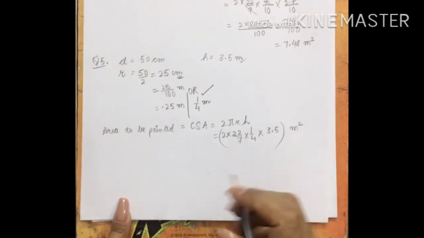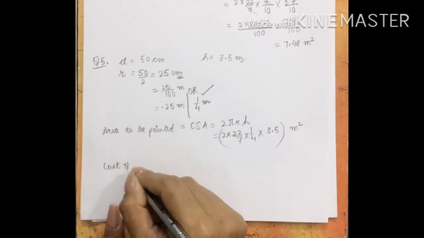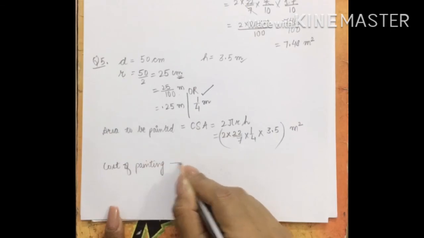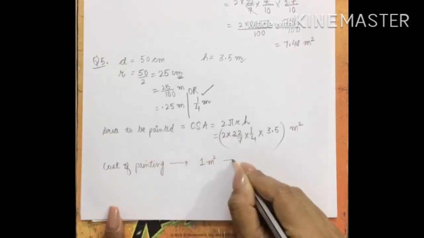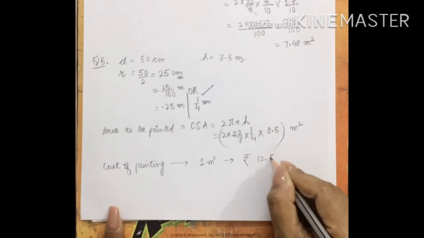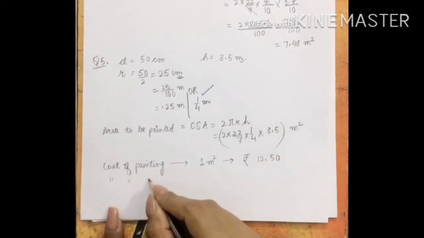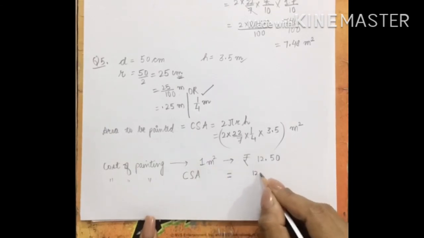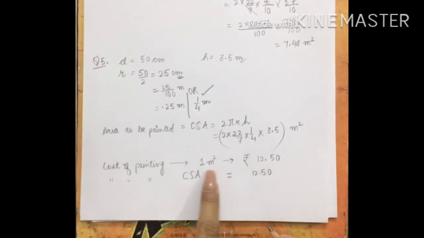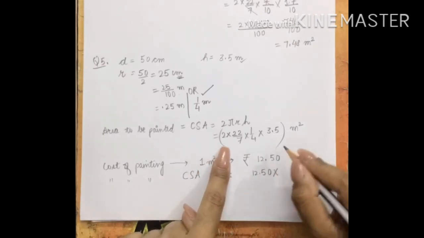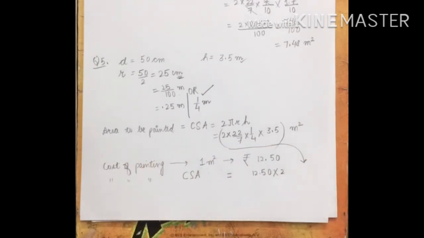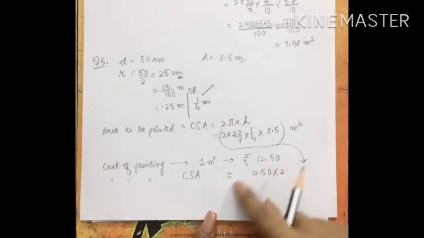I'll directly proceed to the cost of painting. The cost of painting 1 meter square is 12 rupees and 50 paise. So the cost of painting the curved surface area will be equal to cost per unit, means cost for 1 meter square, multiplied with the area to be painted. So I'm using this value directly here without simplification. Whatever simplification I have to do, I'll be doing it at this step.